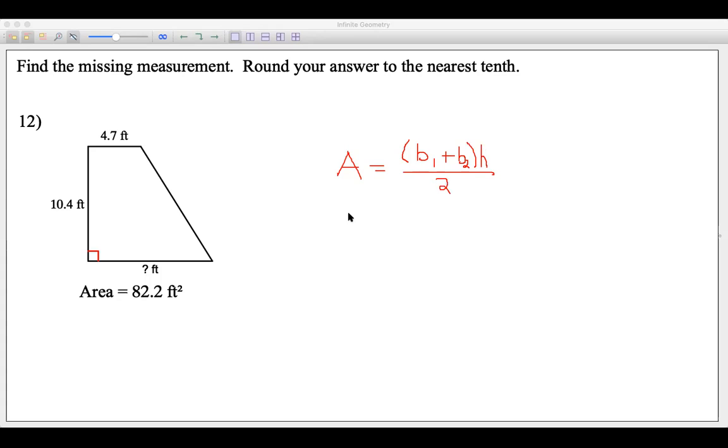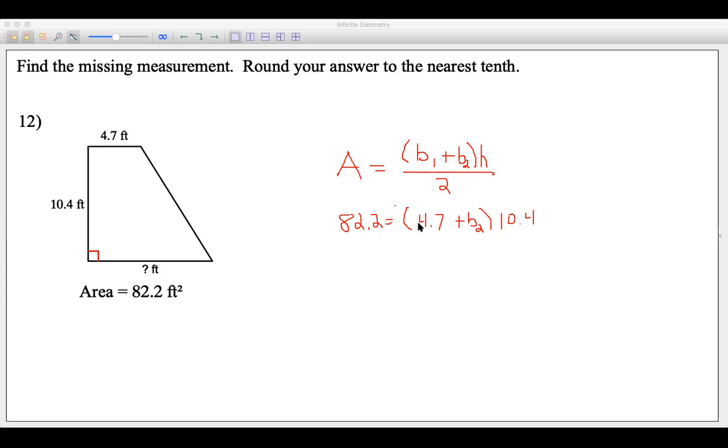What do we know? 82.2. Base 1 is, okay, you might call that base 2, but it doesn't really make a difference. Plus, we'll call base 2 is the one we don't know. The height is 10.4.